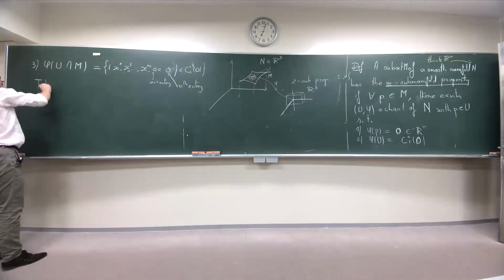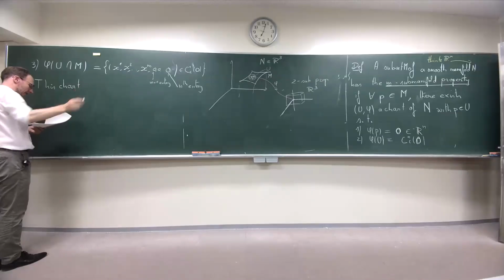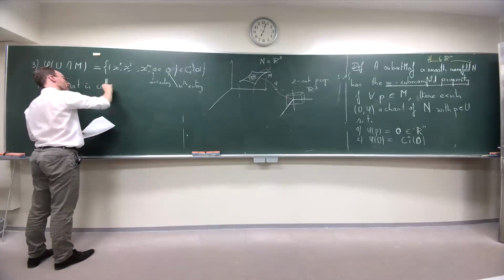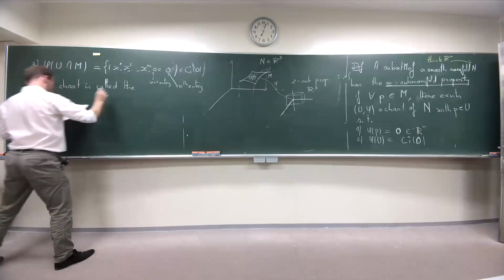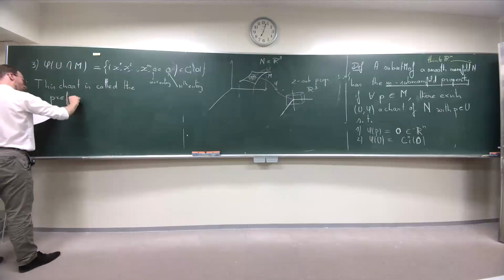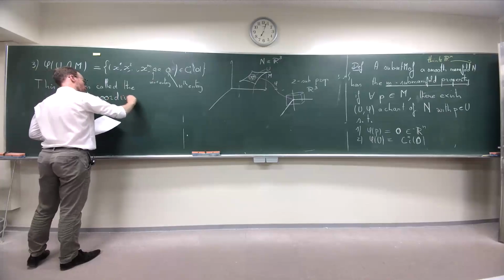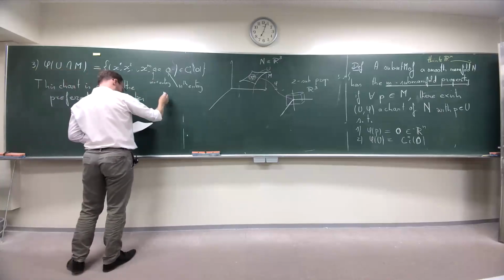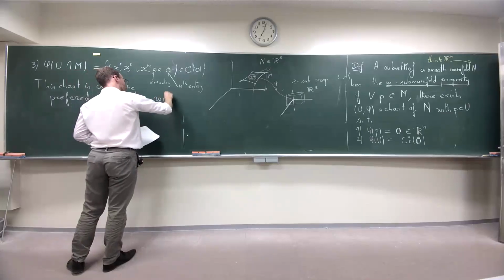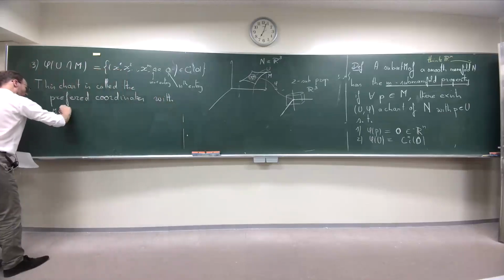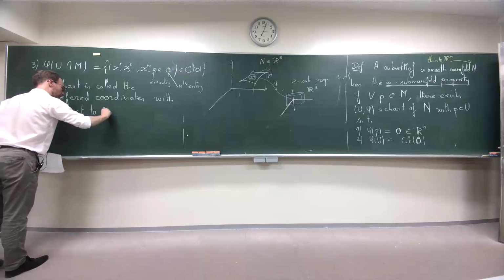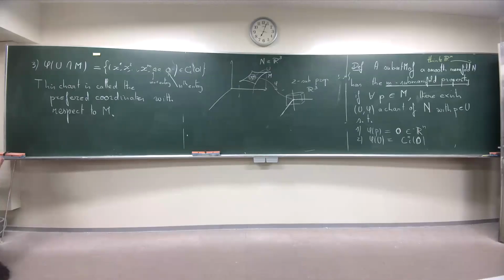And this chart has a name. This chart, so it's still in the definition, is called the preferred coordinates with respect to M. It's because you can locally transform your manifold, which is something in R3, and look at it as something that you put on the floor.